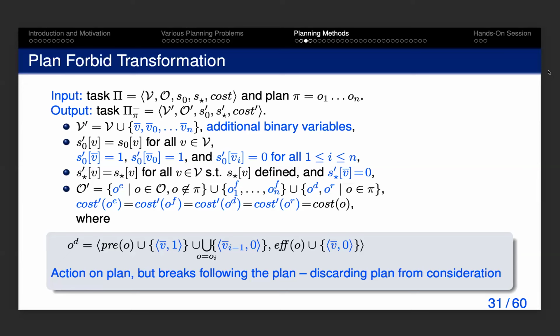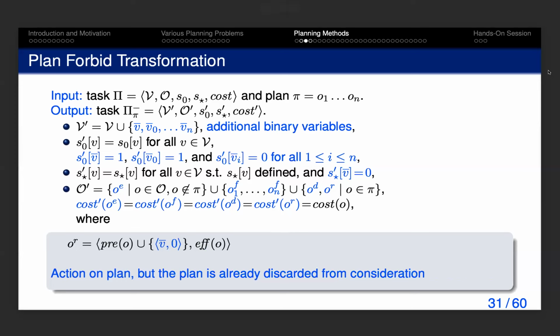Now, an action on a plan that is not in the right order will break the execution, and we will discard the plan from consideration. What it means for an action not to be in the right order is that its corresponding OI is 0, I-1. Then we add the v overline 0 to the effect and discard the plan from consideration, allowing us to reach a goal.